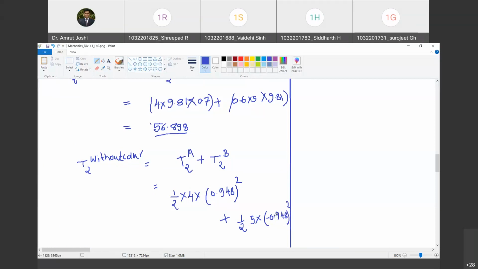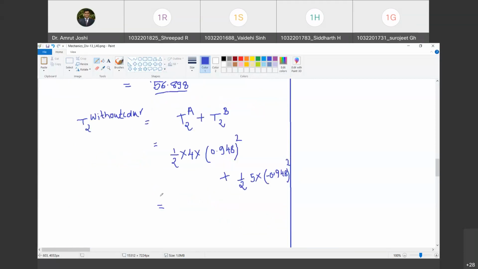So let us compute this quantity. This turns out to be 0.5 multiplied by 4 multiplied by 0.948 bracket square plus 0.5 multiplied by 5 multiplied by 0.948 bracket square.